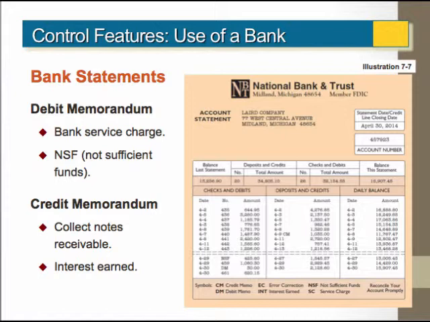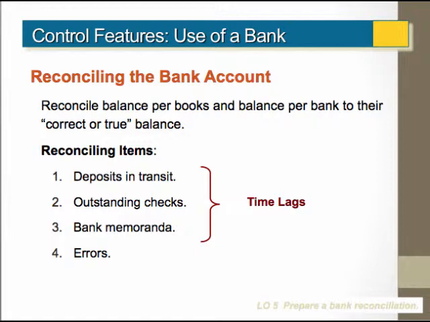So the payment of that bank service charge reduces their liability in your account that you've put money in. So when we do a bank reconciliation, we need to keep in mind any debit and credit memos that are provided by the bank.